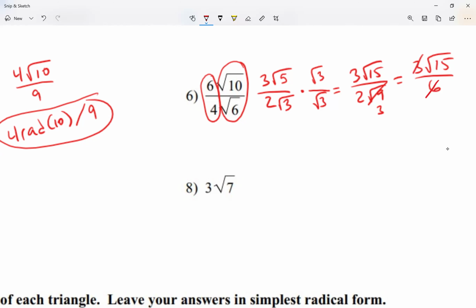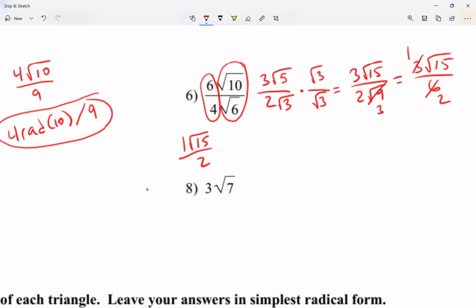Now, 3/6. We can do better. I'm going to call this 1/2. Radical 15, nothing we can do. So there, my answer is 1 radical 15 over 2. So if I had to write this, you guys can write 1 radical 15 over 2. Mathematically speaking, that's correct. Now, one thing: when it is a 1 outside of the radical, it is okay if you don't write it.